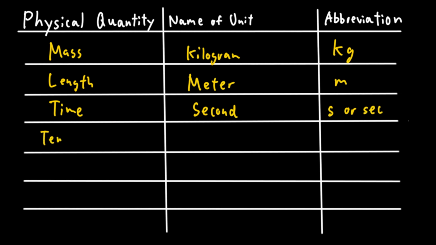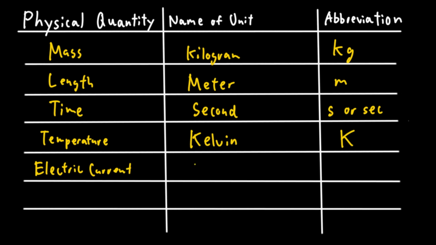Temperature is correlated with Kelvin, and this is abbreviated with a K. Electric current is affiliated with ampere, or amp, however you pronounce it, and this is abbreviated with an A or AMP.